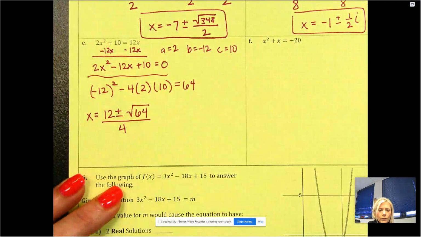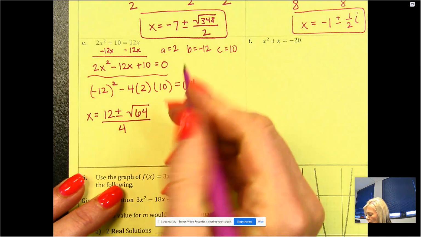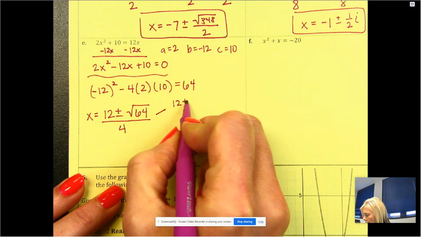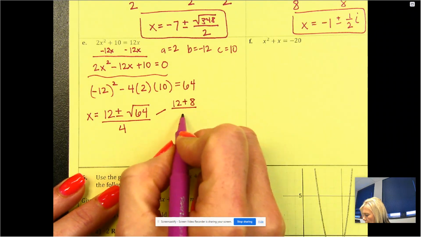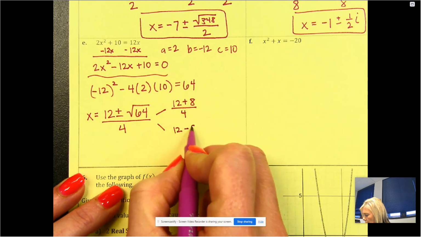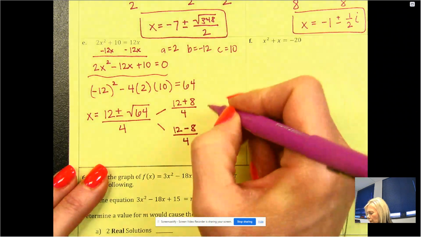So rather than breaking up the fraction, this is a whole number, so you have to evaluate 12 plus 8, then divide the answer by 4, 12 minus 8, and then divide the answer by 4.